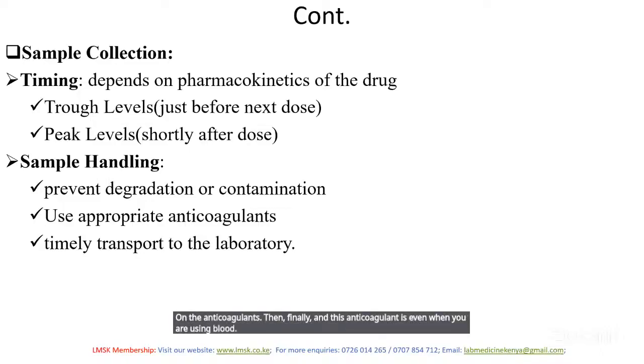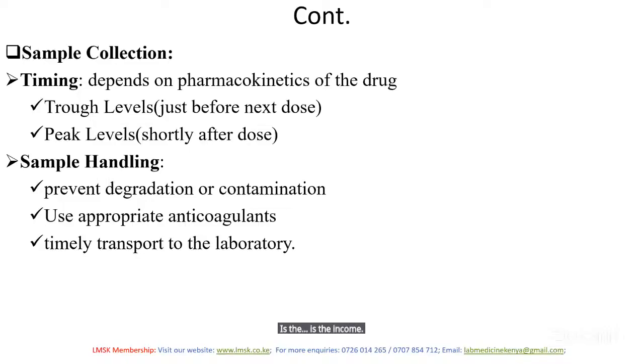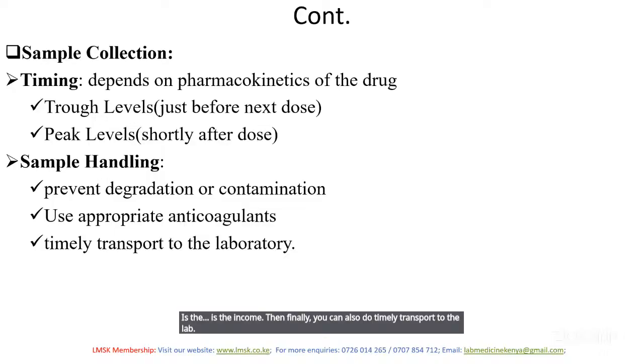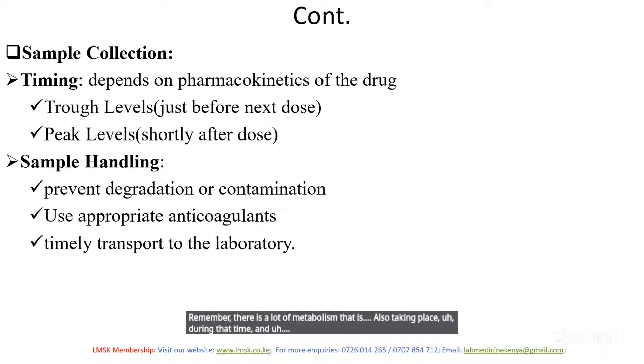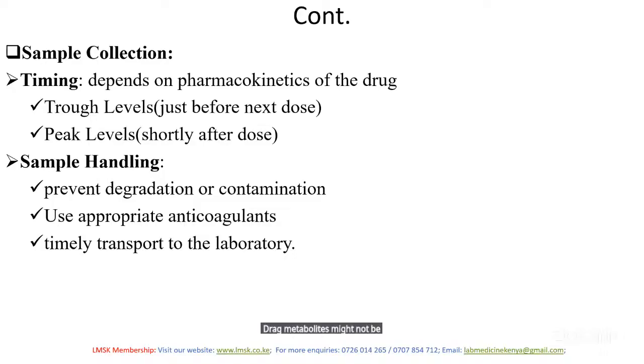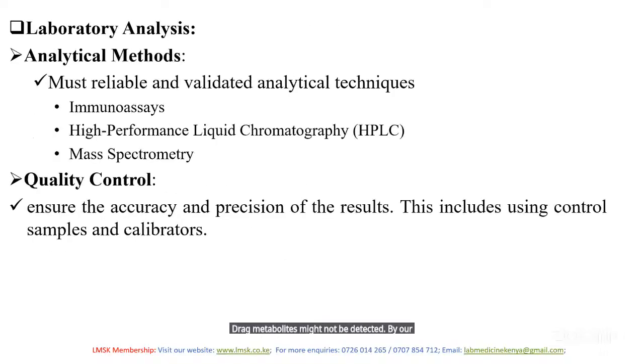Then finally, you should also ensure timely transport to the lab because time in testing is of essence. Remember, there is a lot of metabolism that is also taking place during that time, and drug metabolites might not be detected by our testing systems.